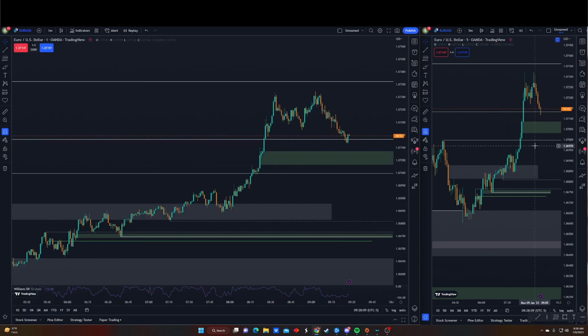All right, so we got bullish action right off of those buy stops. That's interesting. Let's see if that acts as an order block. Oh, that's so good looking. Came right down on that previous area of buy stops.